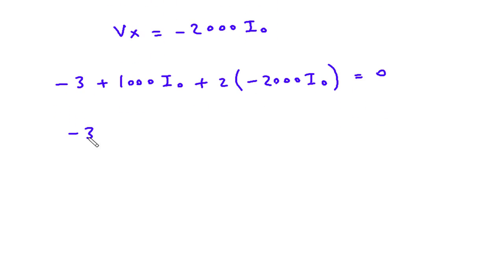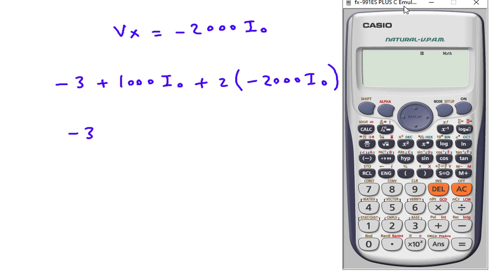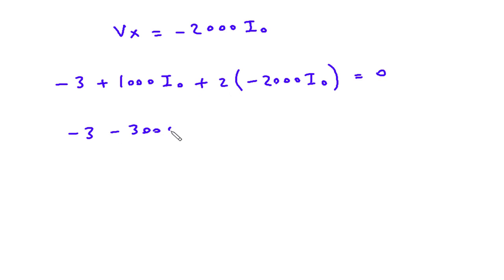So minus 3, plus 1000 IO minus 4000 IO, which is minus 3000 IO, is equal to 0.